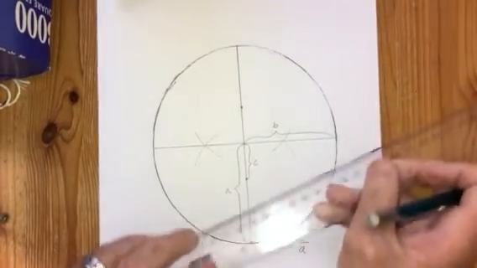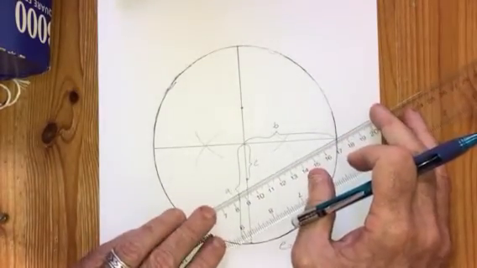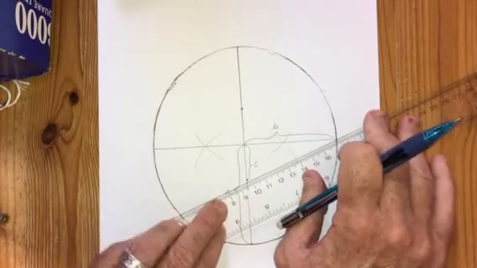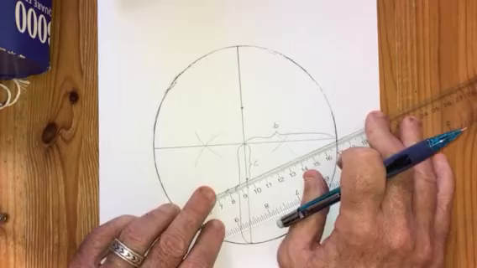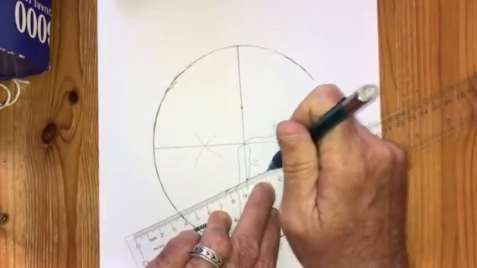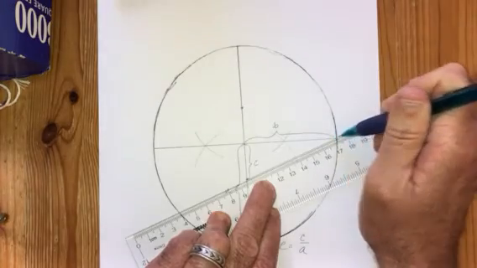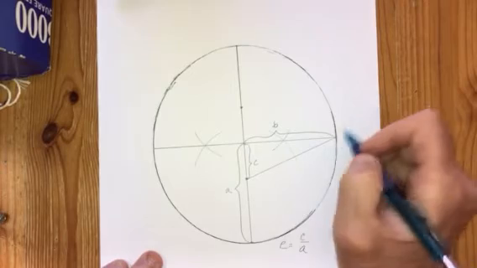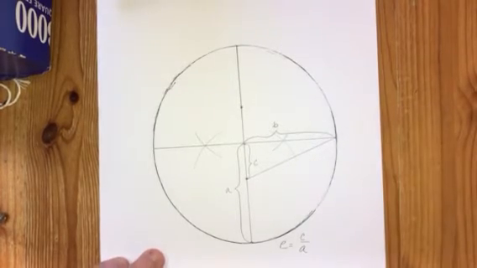We can actually turn this into a triangle. And we'll complete that triangle by drawing in the hypotenuse of the triangle, which goes from the focus to the end of the minor axis.